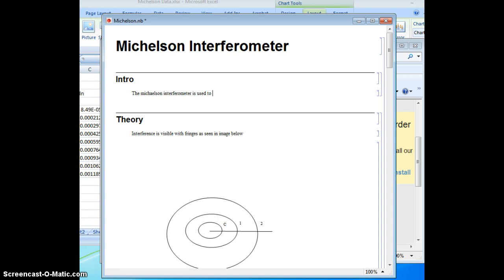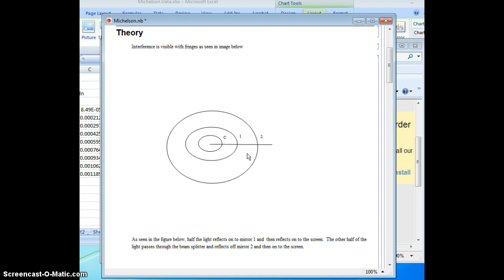So pressure of air versus index of refraction. We already know the wavelength going in, which is 632.8 nanometers. It's just that now, what's that relationship? So we're looking at interference patterns and the various fringes.